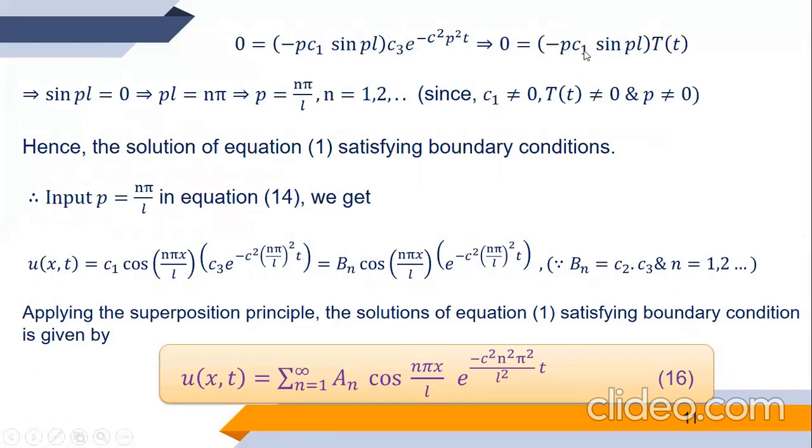C1 also we can't consider equal to 0, because if C1 is 0, then X of x is 0. So C1 is not equal to 0, T not equal to 0. Therefore we consider sin pl is equal to 0. Sin pl is 0 implies pl is equal to n pi. So p is equal to n pi by L, where n is 1, 2, 3 up to n.